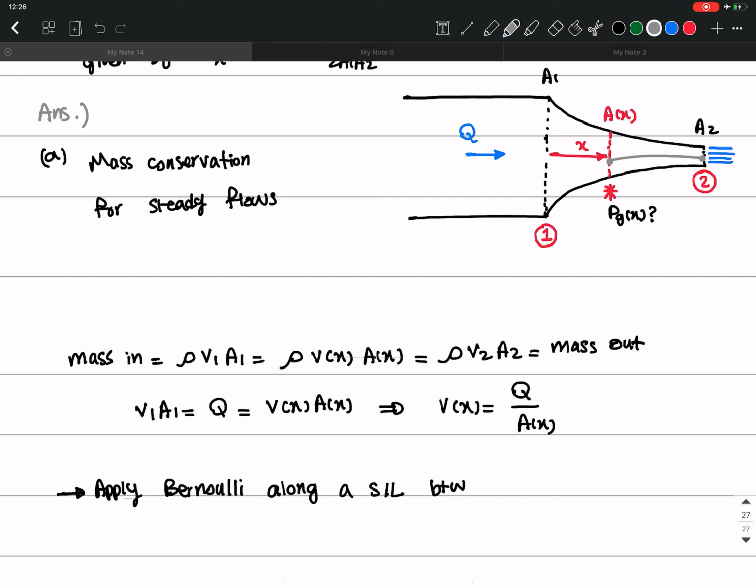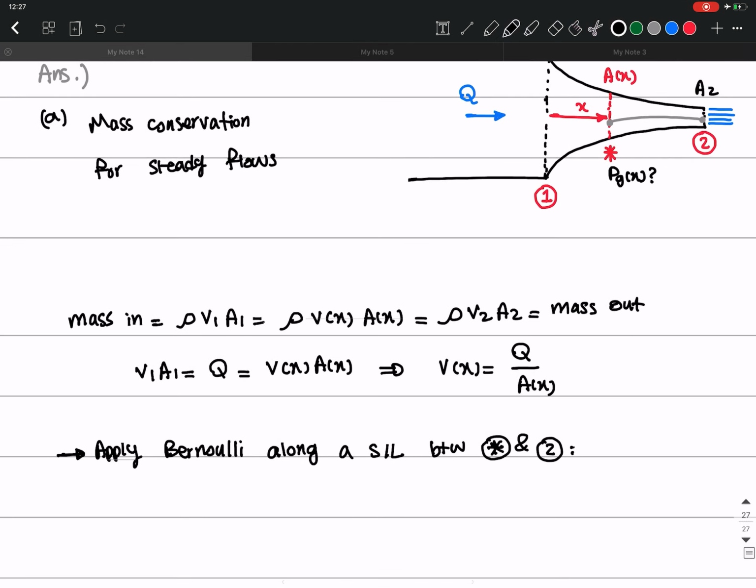You can assume this is a fluid particle that goes from star to station 2. So I'm going to write it between star and 2.